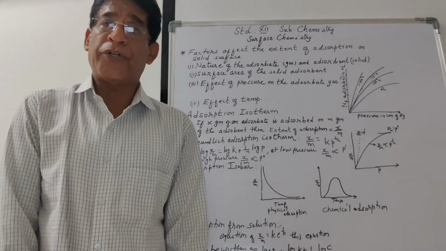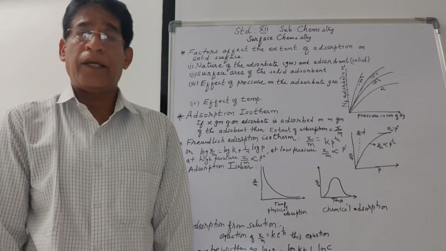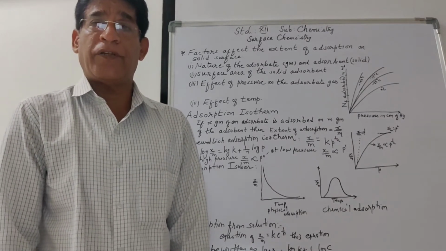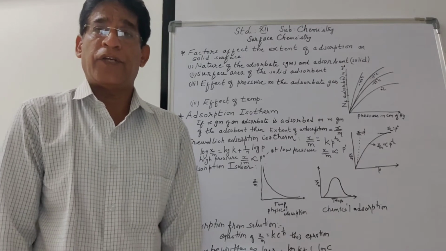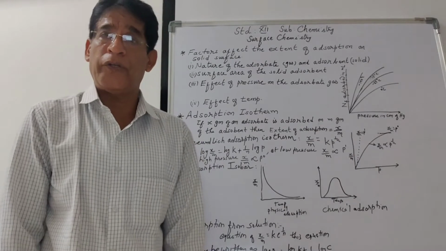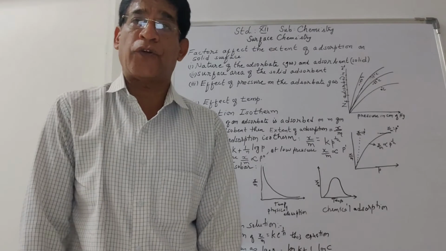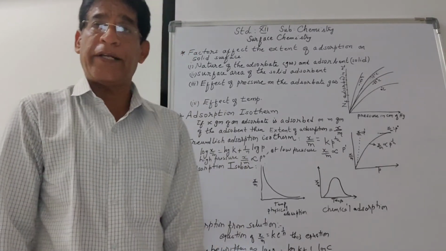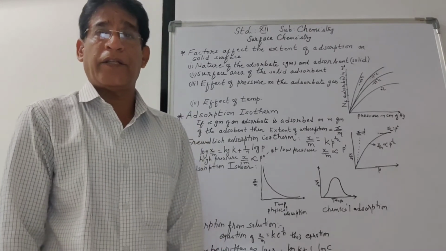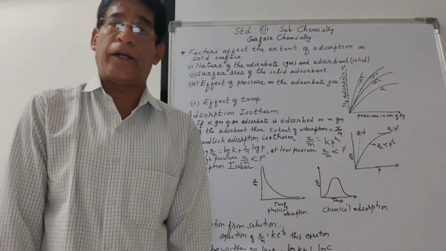Now, new topic is positive and negative adsorption. In case of adsorption by a solid from the solution, mostly the solute is adsorbed on the surface of the solid adsorbent, so that the concentration of solute on the surface of the adsorbent is greater than in the bulk.